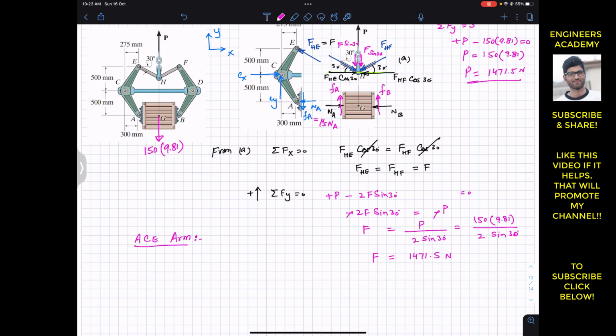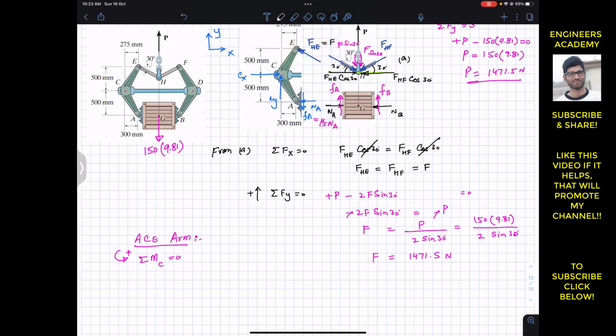And now we are going to apply the summation of moment about point C equals 0, since at point C we have Cx and Cy as unknown. By considering this equation, they will not come into our calculation, since they are not producing a moment about point C. We are assuming that the counterclockwise moment is positive.